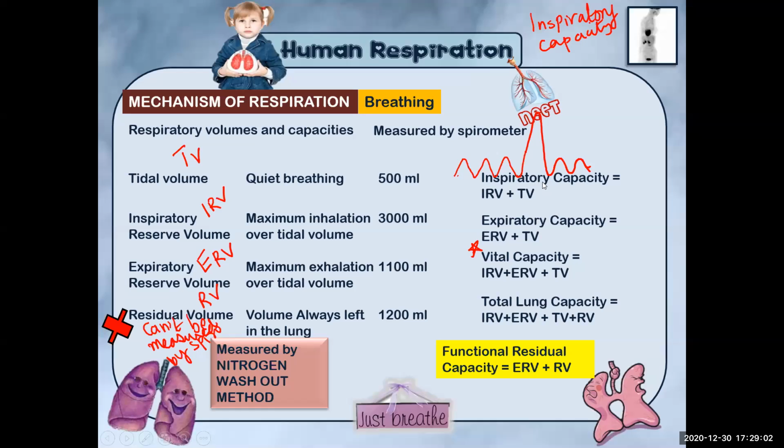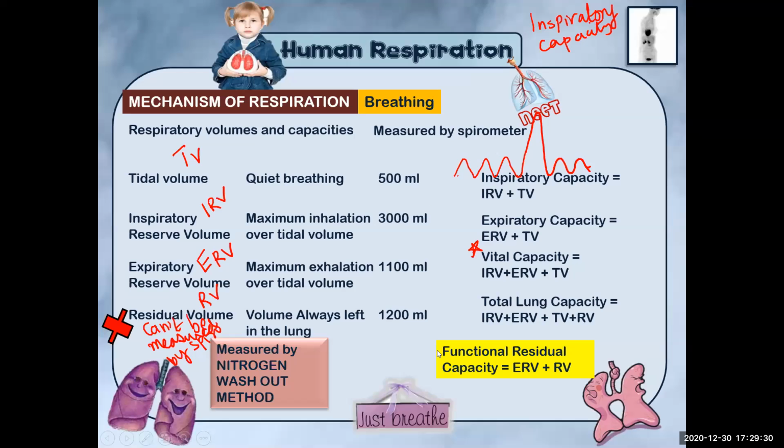कैपेसिटीज आर अ कॉम्बिनेशन। इंस्पिरेटरी कैपेसिटी अगर मैं ऐड करूं IRV प्लस TV, मैं नहीं चाहता कि आप ये नंबर्स याद रखो, आप ये 4 नंबर्स याद रखो, एग्जाम में ज्वाइन कर लेना। Inspiratory reserve volume is 3000 plus 500, so inspiratory capacity is 3500. Expiratory capacity will be 1100 plus 500, that is 1600.